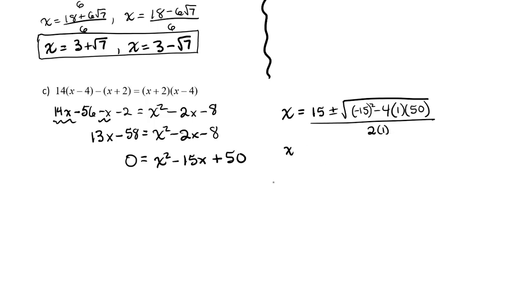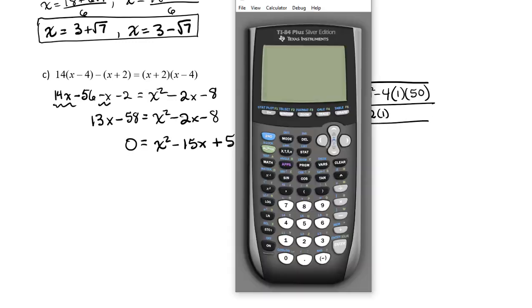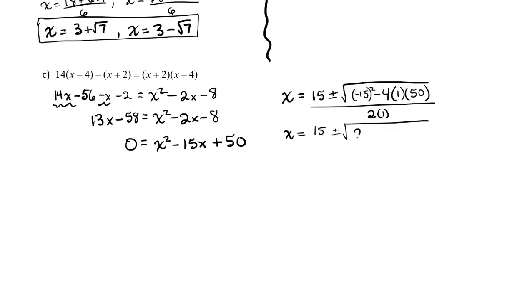Let's see if we can simplify this further. x is equal to 15 plus or minus the square root of, and now let's figure out what 15 squared is, which is 225 minus 4 times 50, which is 200, all over 2.